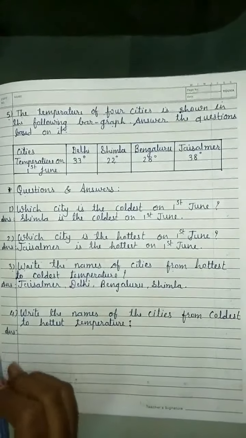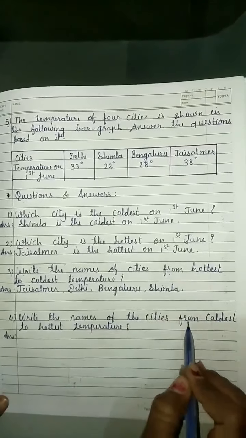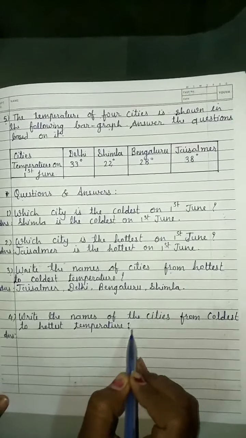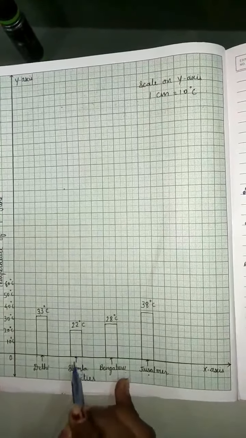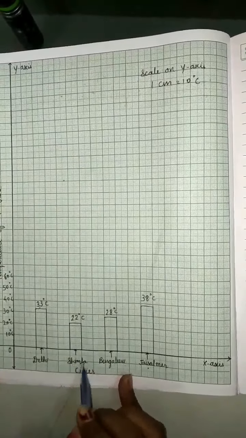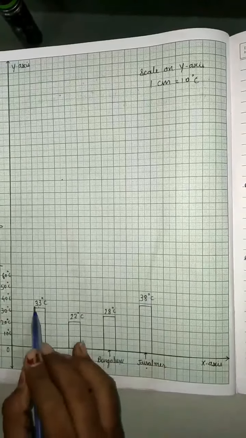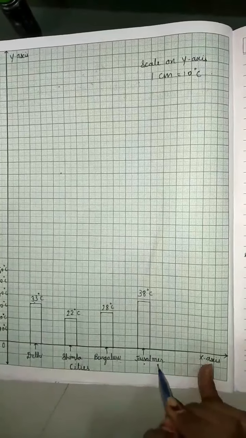Okay, now let's read question number 4. Write the names of the cities from coldest to the hottest temperature. Okay, let's see on the bar graph. So here you can see that 22 degree is the coldest. So Shimla, then after 28 degree Bangalore, then after 33 degree Delhi, and 38 degree Jaisalmer.